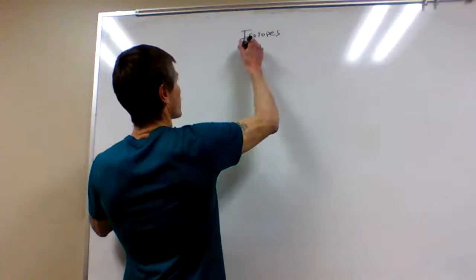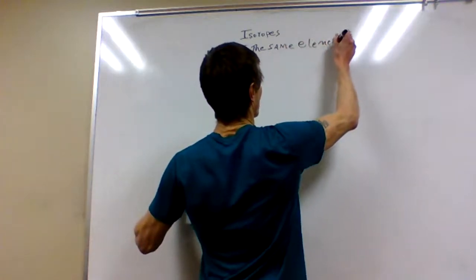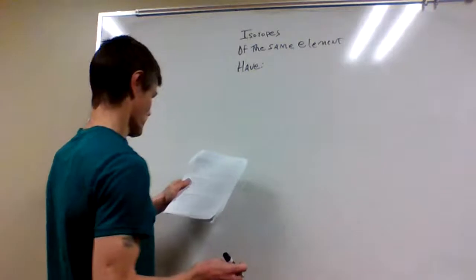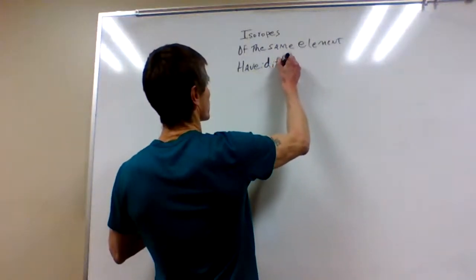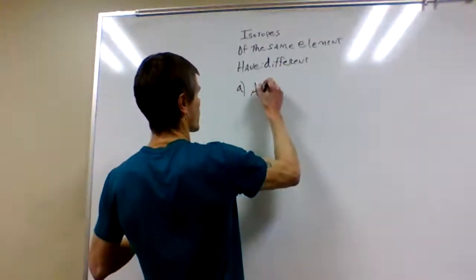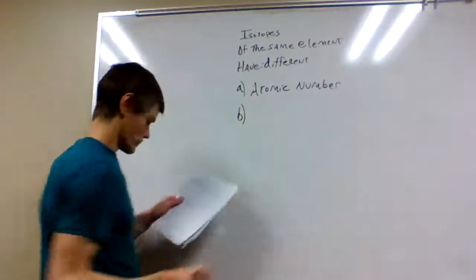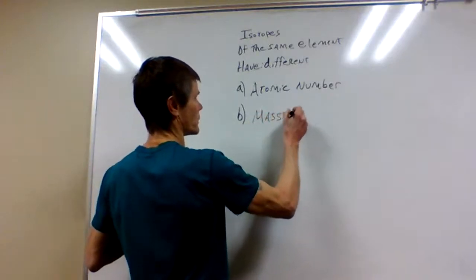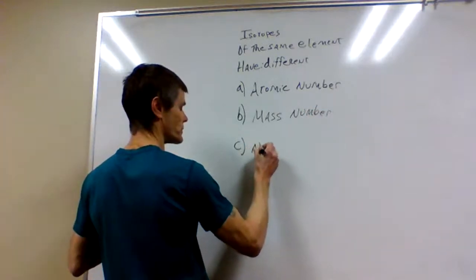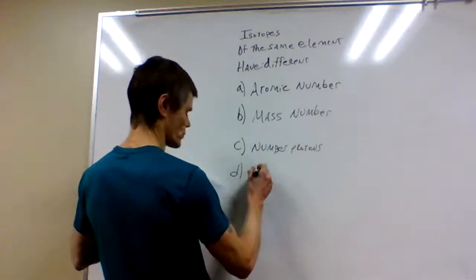Isotopes of the same element have, our choices: different atomic numbers, mass numbers, number of protons, number of neutrons.